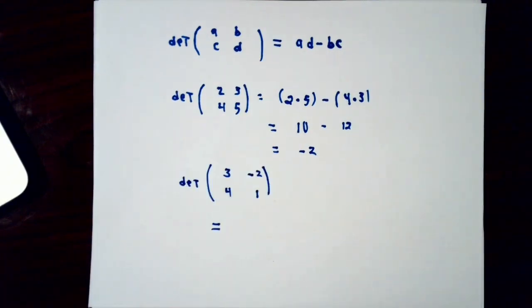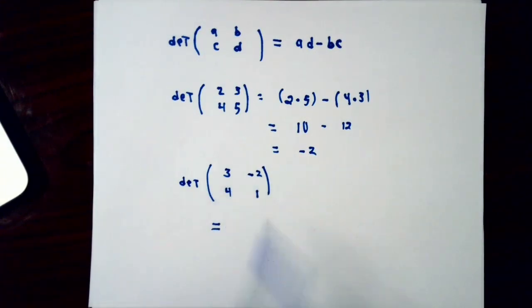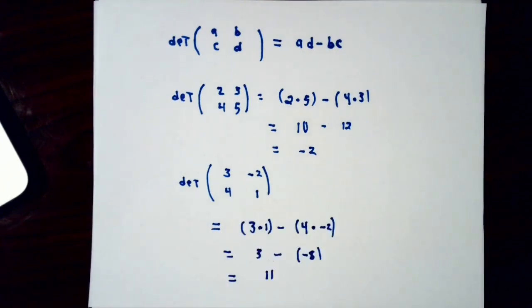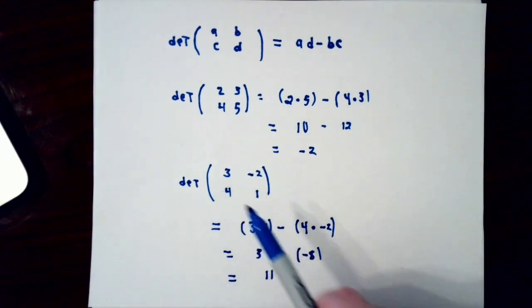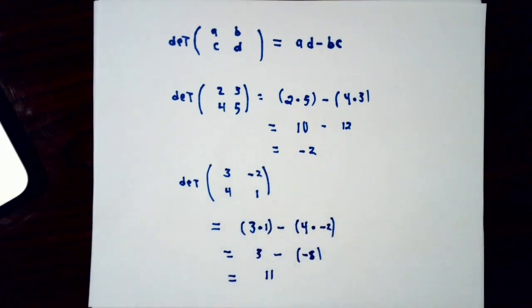As another very small example, the determinant of the matrix 3, negative 2, 4, 1 is found in the same way. 3 times 1 minus 4 multiplied by negative 2. This would be 3 minus negative 8, which is 3 plus 8, which is 11.